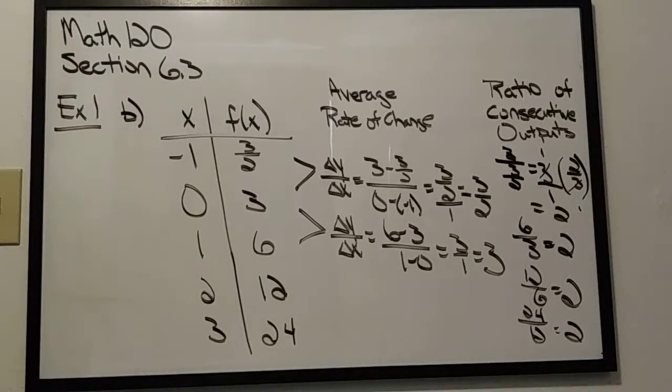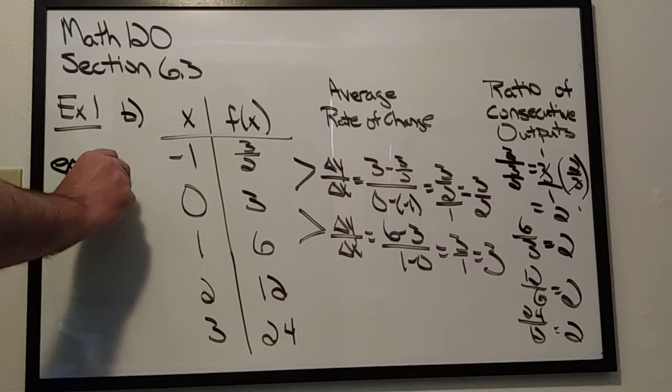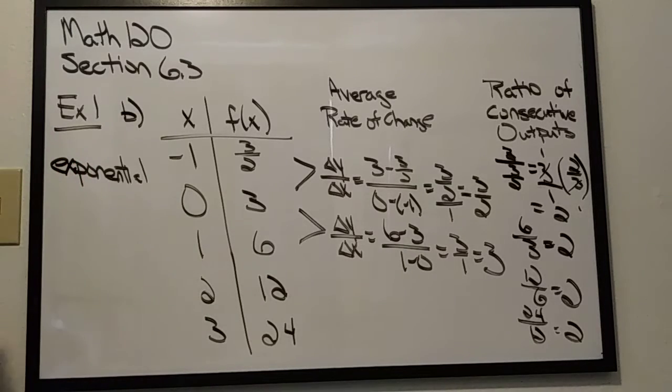So this time, it's the ratio of consecutive outputs, which is a constant. And in this case, it happens to be the constant of 2. What you have to remember then is, once again, that statement from above, that if the ratio of consecutive outputs is constant, then the function is exponential. So let's go ahead and circle that. So this is an exponential function.